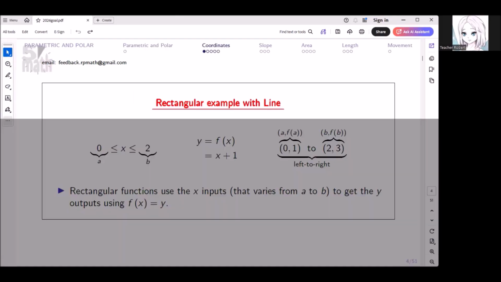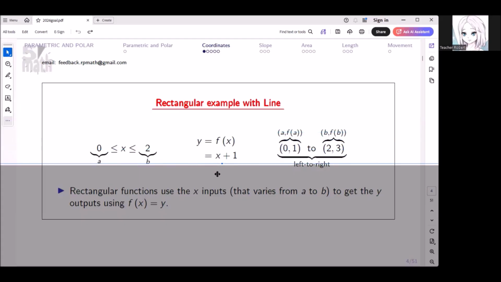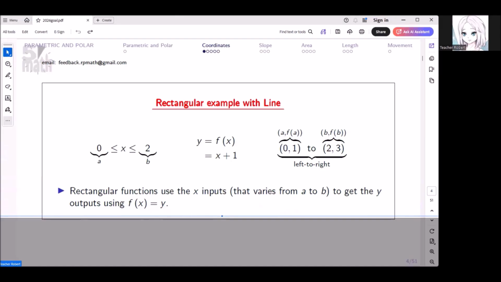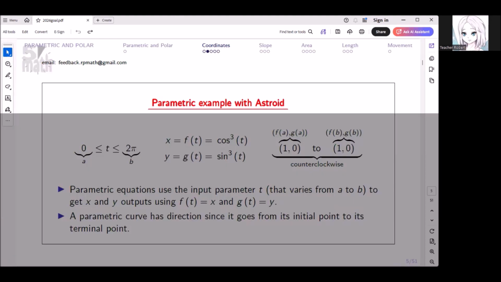Rectangular example with line. Rectangular functions use the x inputs that varies from a to b to get the y outputs using f of x equals y. Parametric example with asteroid.